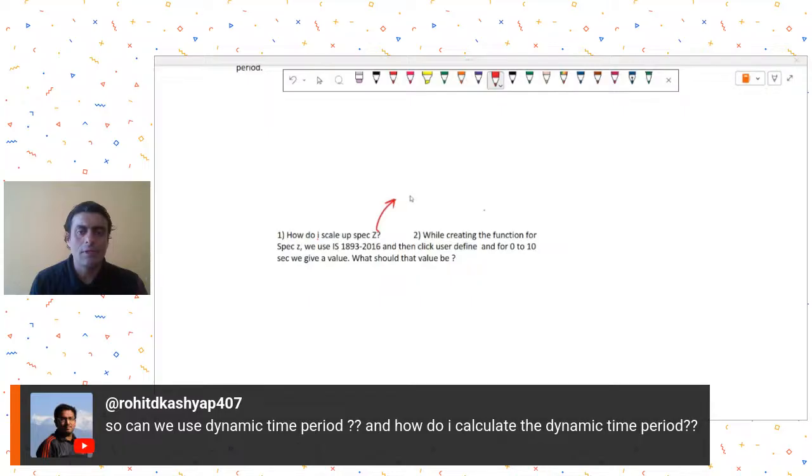We don't have any seismic response spectrum in the Z direction. I'm not sure about the scaling that you can do, or if at all scaling is required or not.